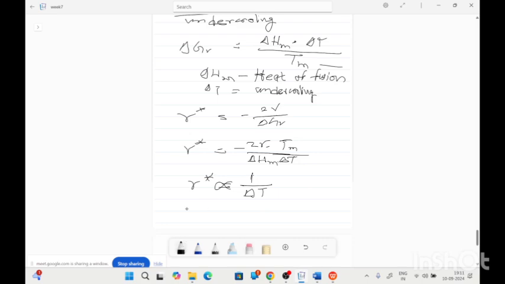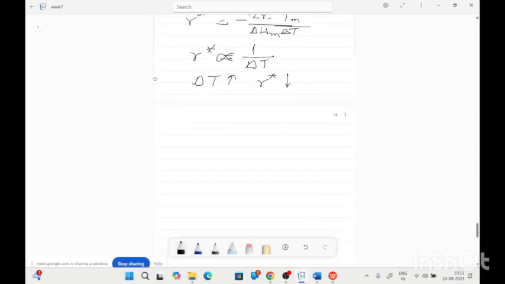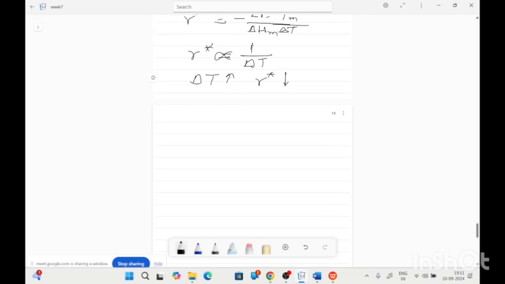If undercooling is high, then the critical radius required for the nuclei to grow will be low. For higher undercooling, a high cooling rate is also required.